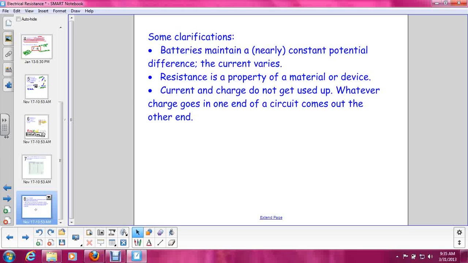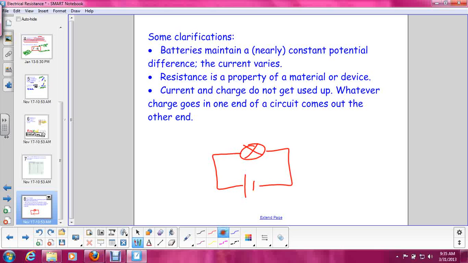And finally, current and charge do not get used up, and this is a really important point. Whatever charge goes in one end of a circuit has to come out the other end. So when you think about it, if we have a circuit that has a battery and that's hooked to a light bulb, the electrons don't move through the wire, get to the light bulb and turn it on and go, pff, gone.